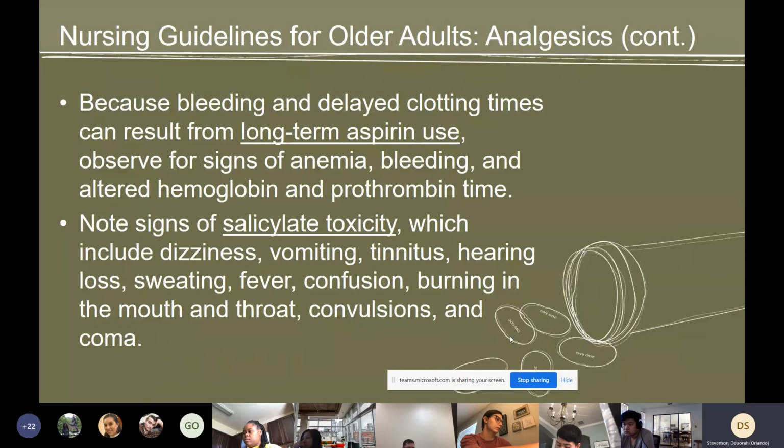So if your patient has been taking a lot of aspirin and they come in with some of these signs and symptoms, you can obviously think, well, maybe they're too toxic, because the liver is not able to metabolize enough, and so what happens? The toxic effects of the aspirin will go up because the liver is not functioning the way it should.